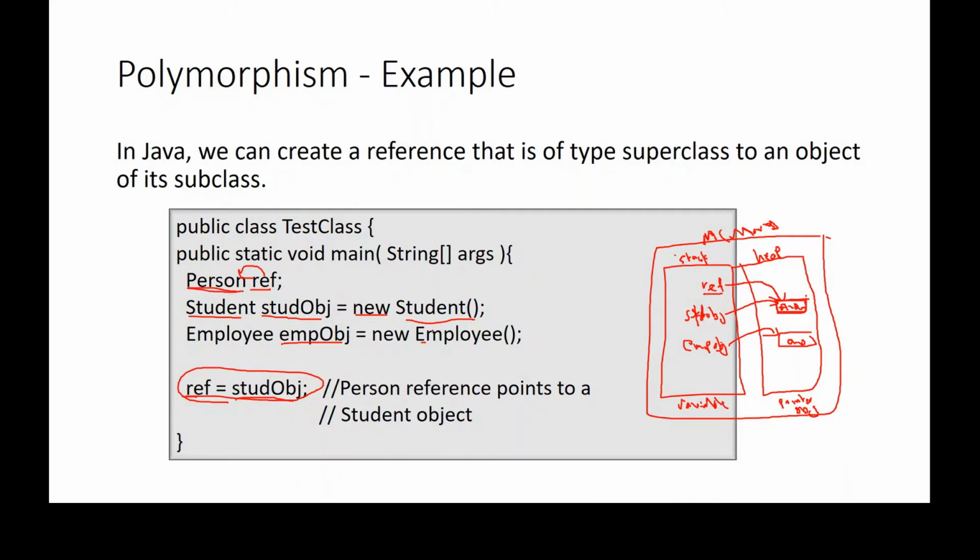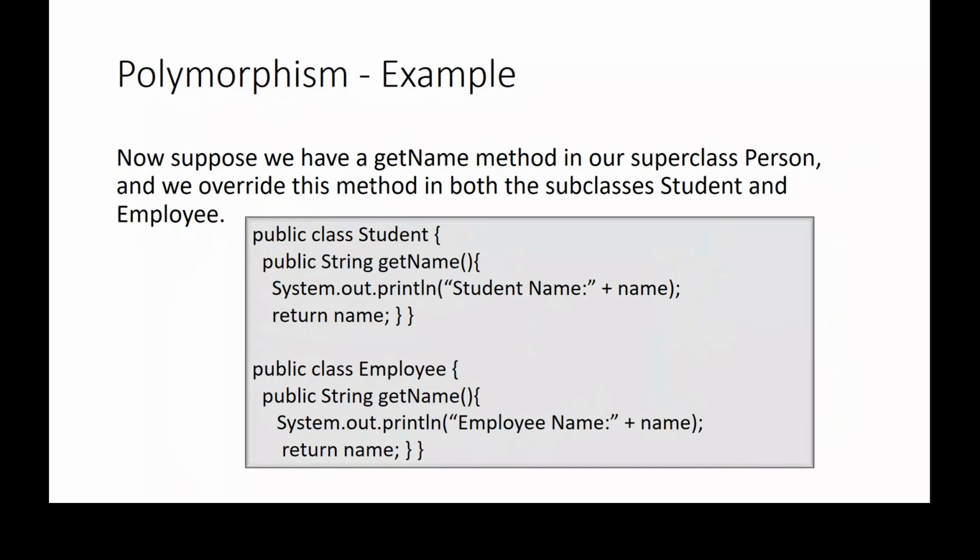Any question about this diagram? Okay. Now, let's say that we have a getName method in the class Person, in the superclass.